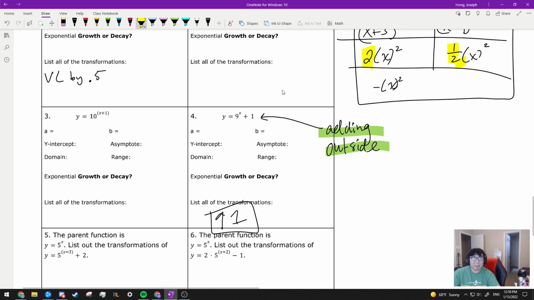Do not get baited by this 9, because the 9 is a base. Anything that is in the power, or that is getting exponentiated, don't think of it as a transformation. It is just part of the base equation. So we're comparing 9 to the power of x to 9 to the power of x plus 1. That's all we're comparing. So there's only one transformation for number 4.